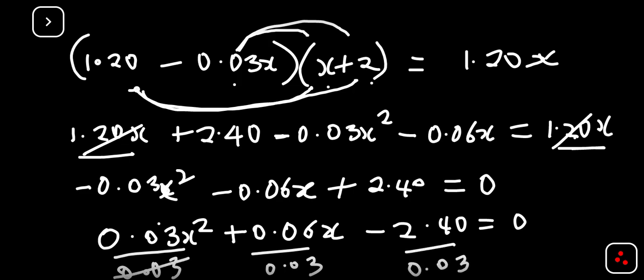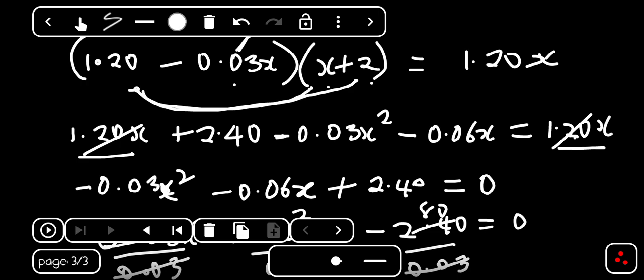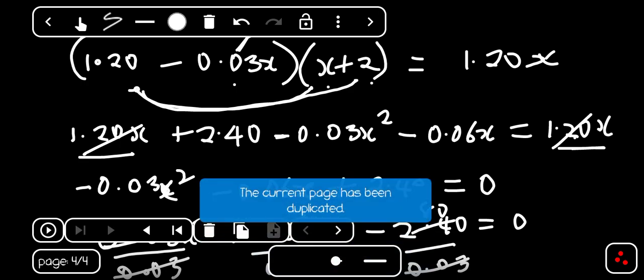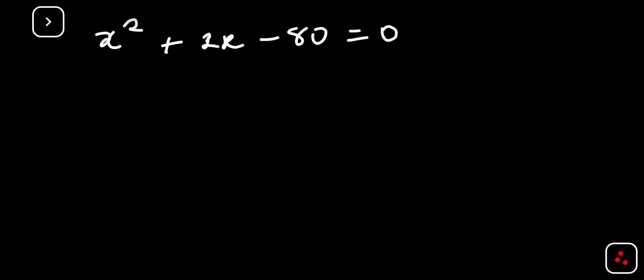Once I do this, this cancels this to give 2, so we'll have 2x here. This cancels this to give 80. So at the end of the day, we have x squared plus 2x minus 80 equal to 0 after we cancel out everything.